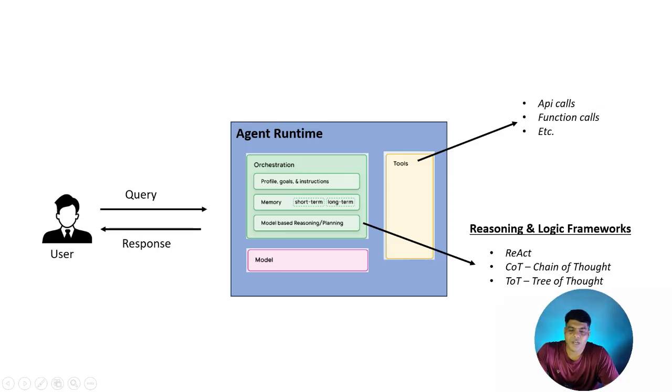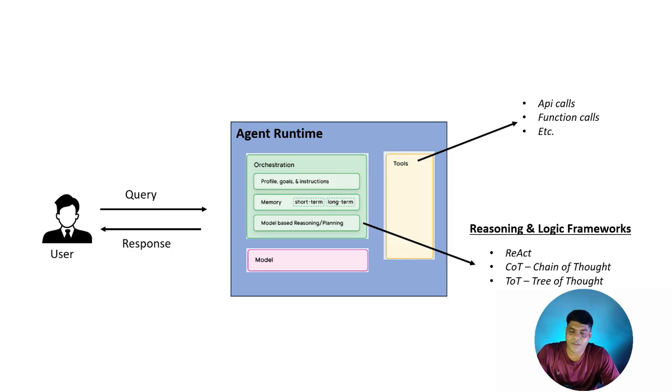The orchestration layer defines a cyclical process on how the agent takes in information, what kind of reasoning needs to be done on top of that information, and based on the reasoning, what next steps or actions have to be performed by the agent. Based on this whole process, it will get the final response and send it to the user.